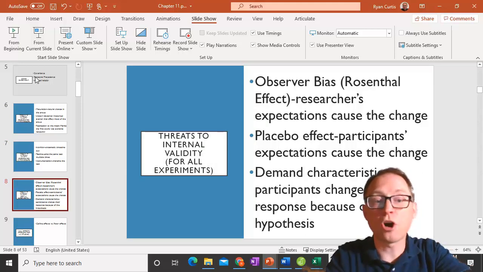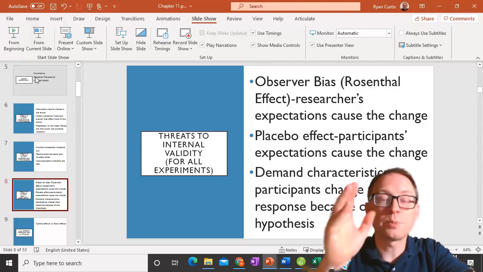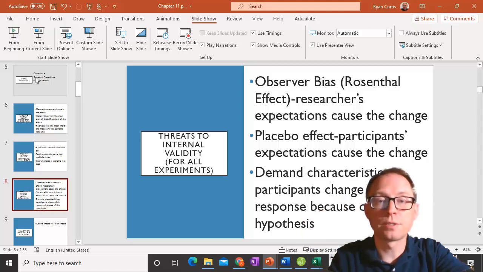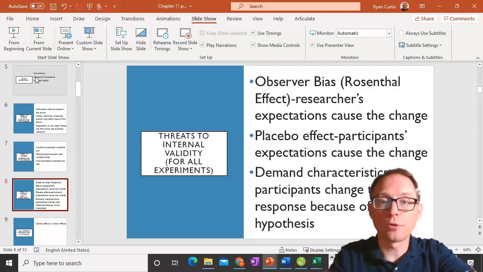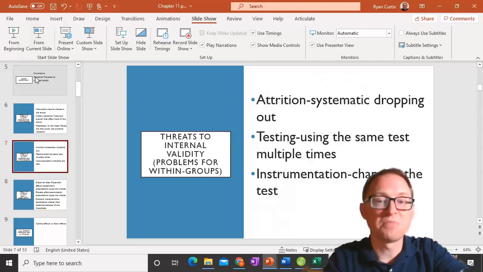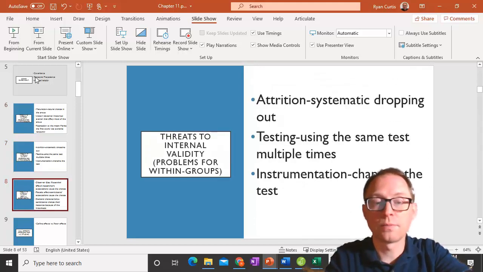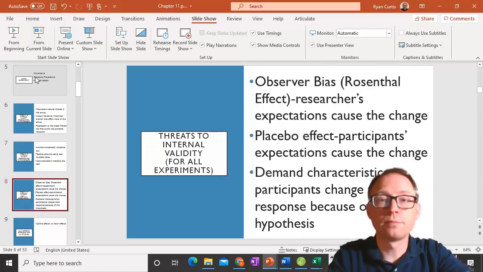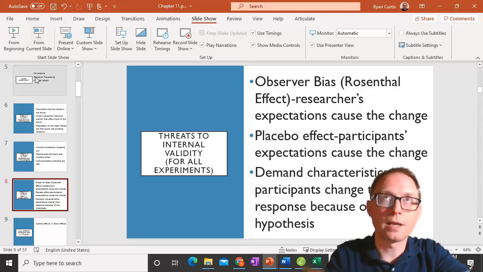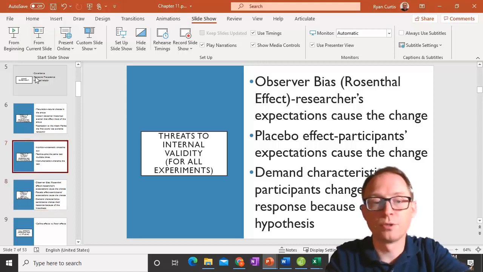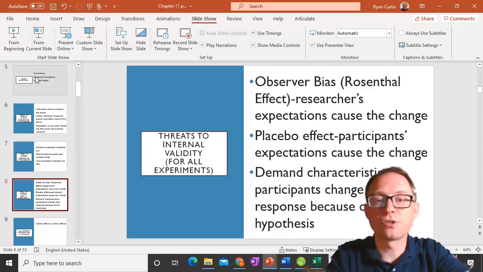We could have had all of these things, which could be explanations to why we found a difference between sugar-free and the other groups. We could have had any or all of these things. Or it could just be that people dislike the sugar-free significantly. They like it less than all the other groups. That could be the fact too. But these are all potential other reasons why we could have gotten what we got.